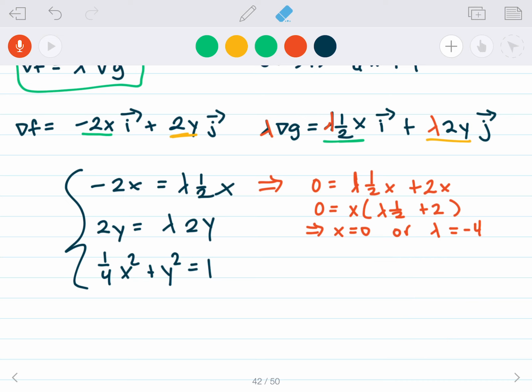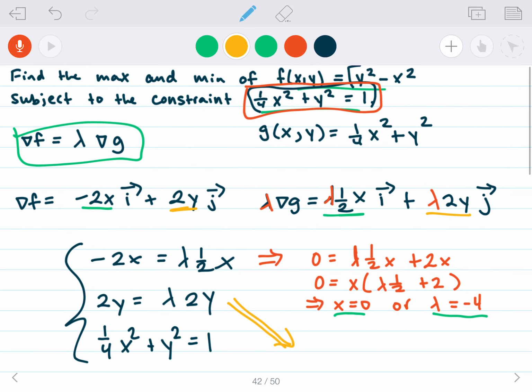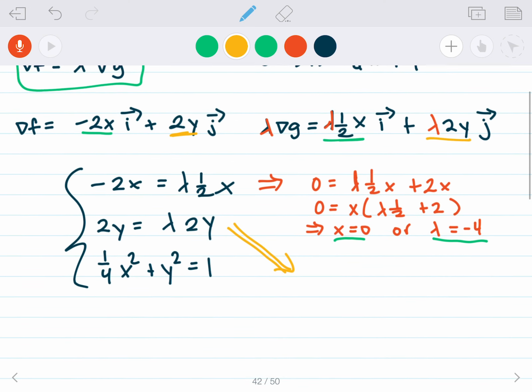So we want to take into account the case that x is 0 and the case that lambda is -4. Now let's look at equation 2 and see what information it gives me about lambda. Again, you don't want to assume that y is non-zero. There's nothing in our equation that tells us y can't be 0. So we want to do the factoring strategy again here.